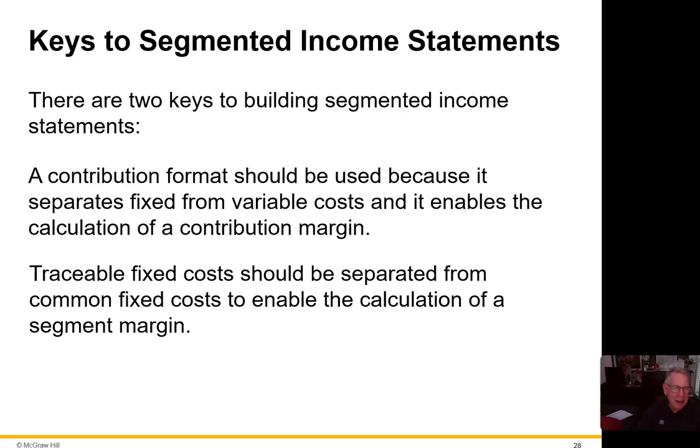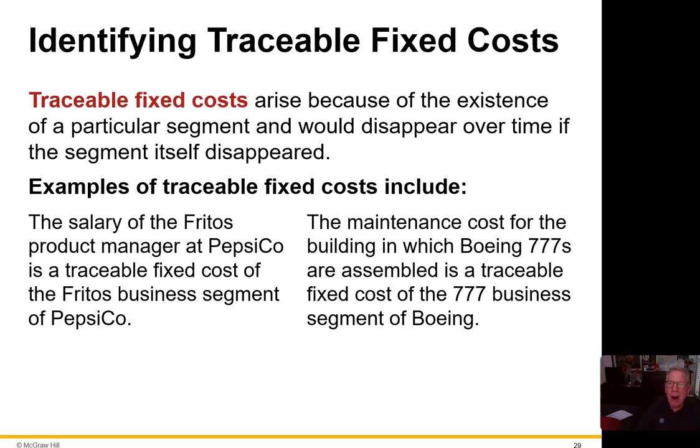So, what does that all mean? Our traceable fixed costs arise because of the existence of a particular segment and would disappear over time if that segment itself disappeared. Okay, what would be an example?